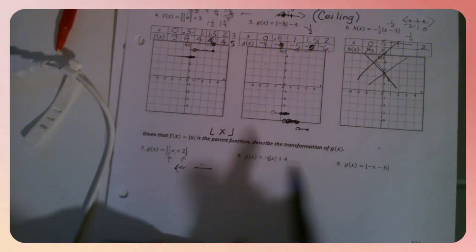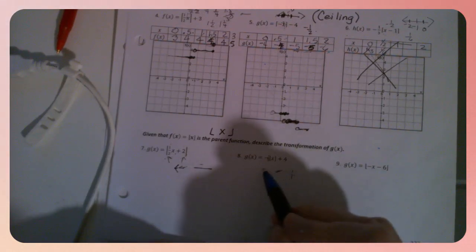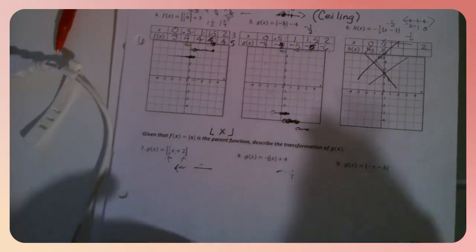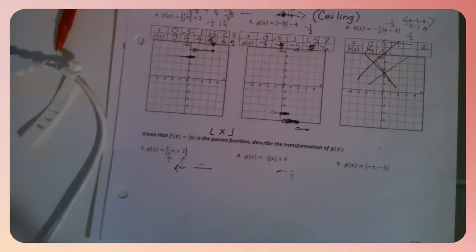The +4 is going to shift to the left 4 units. And then the negative, what happens when we put a -1 in front of the x? -1 times x.